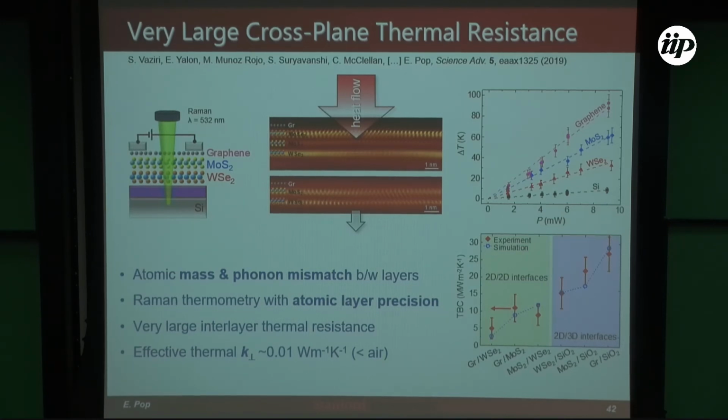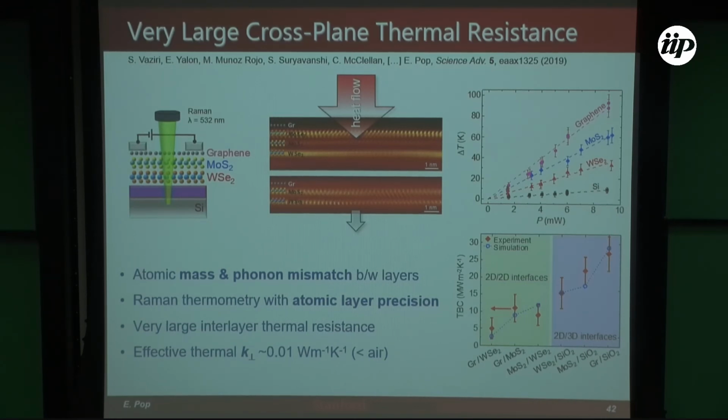And what we realized is that the simple explanation that we have for now is that it's really the mass and phonon density mismatch between the layers that is causing this major thermal bottleneck between the layers. Major in the case of graphene WSe2, and maybe less major in the case of graphene SiO2, and then everything else sort of in between.